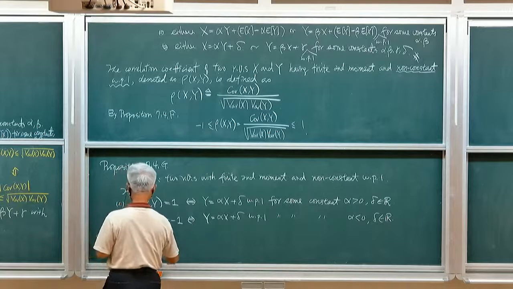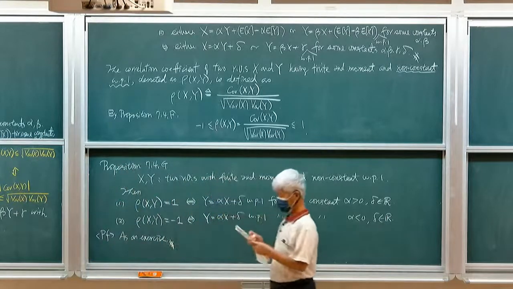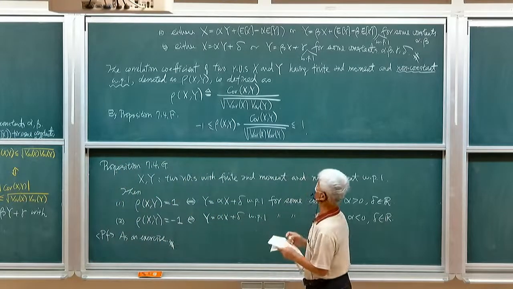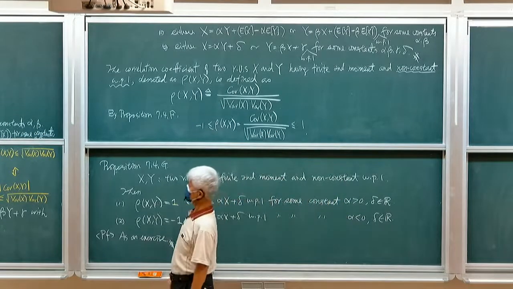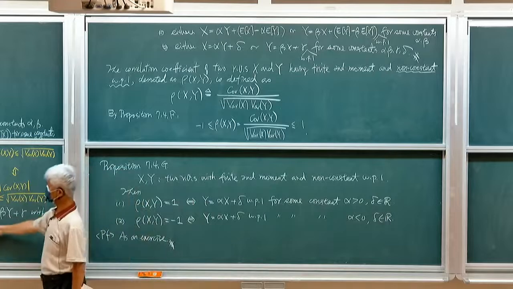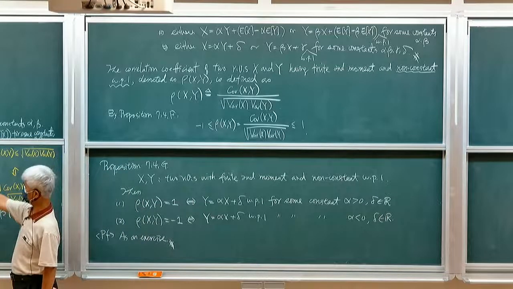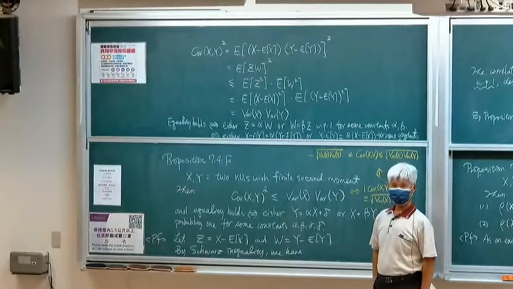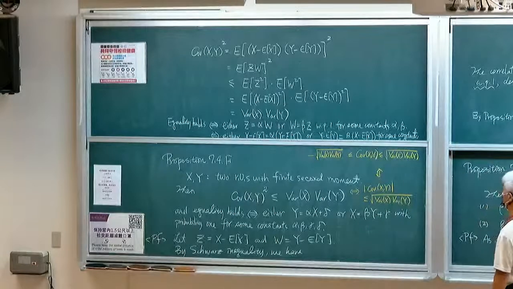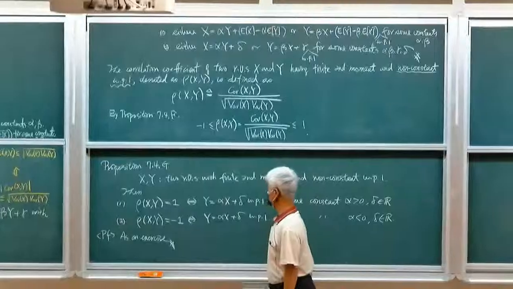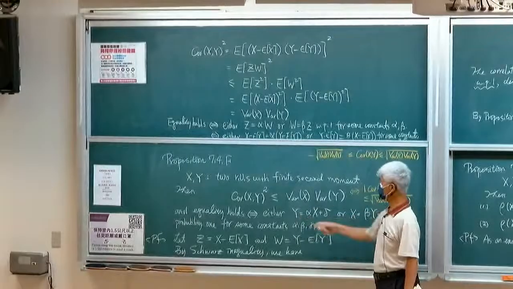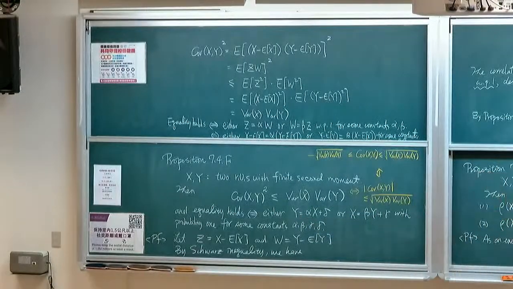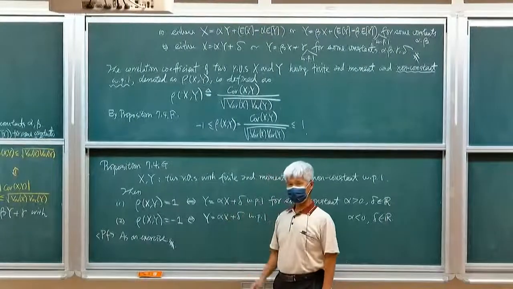Okay? So you can go back to look at this inequality. Basically you can go back to here. So of course you have equality, so in here they must have some linear relationship.